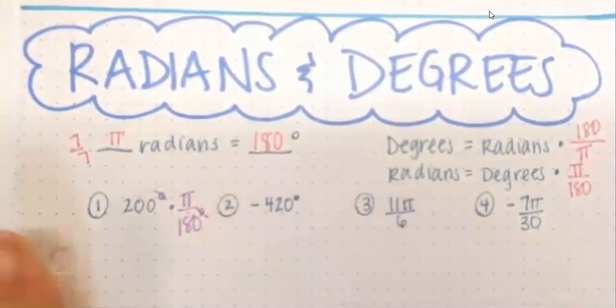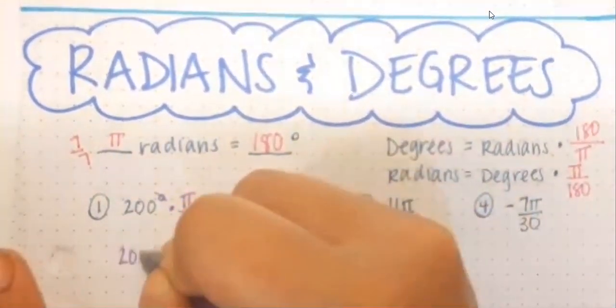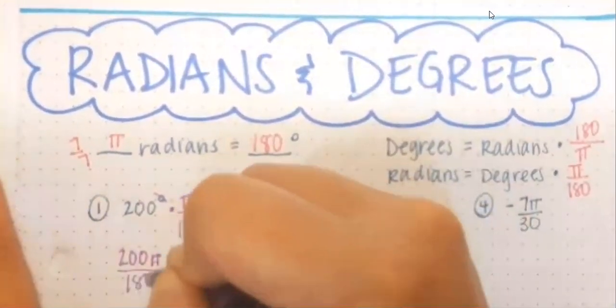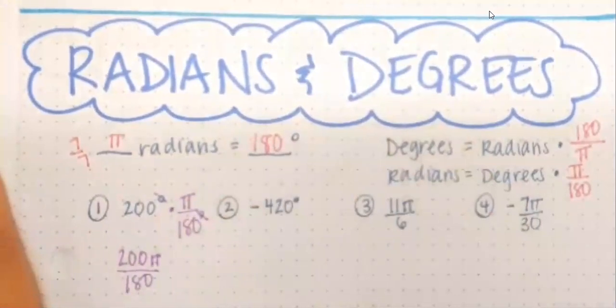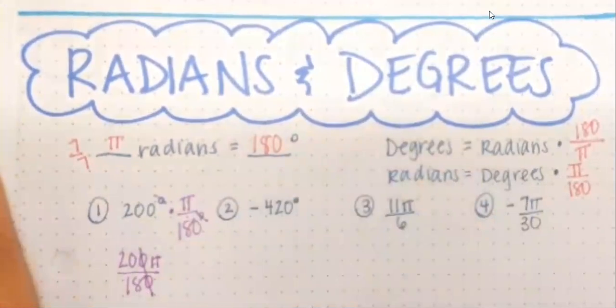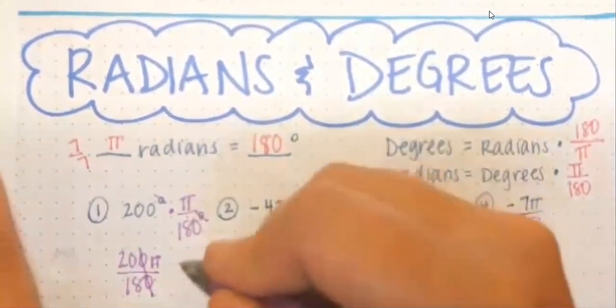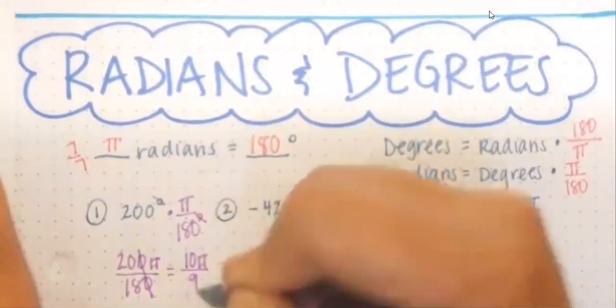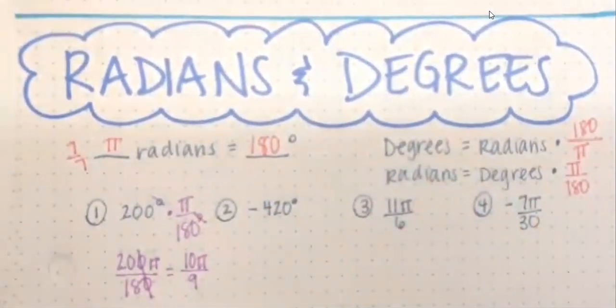Then we can use a calculator or simplify by hand. I have 200 pi over 180. Trailing zeros can cancel out, like dividing by 10. Then I simplify 20 over 18. 2 goes into both, leaving 10 pi over 9. So 200 degrees is equivalent to 10 pi over 9 radians.